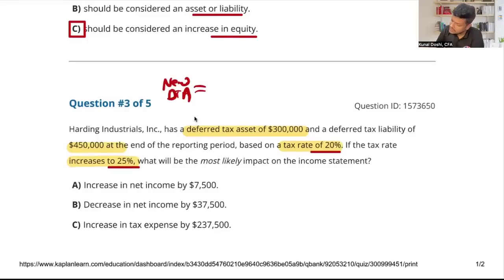My new DTA will be 375. And my new DTL, both will increase, right? If the tax rate increases, both will increase. It will be 450 times 25% divided by 20%. That will be 562. Am I correct? No, sorry. Tax liabilities 450 times 25 divided by 20.